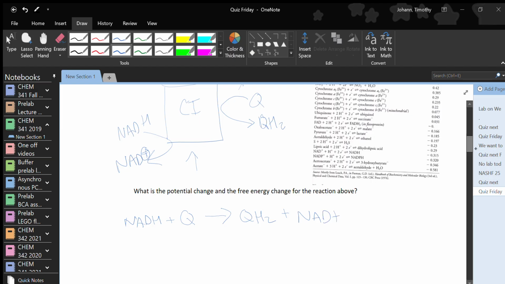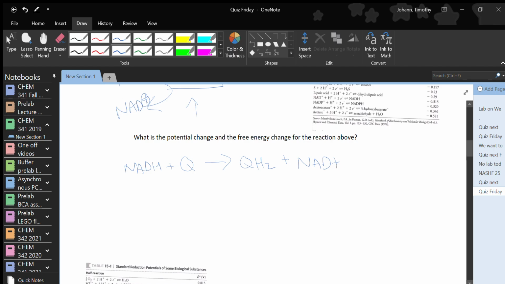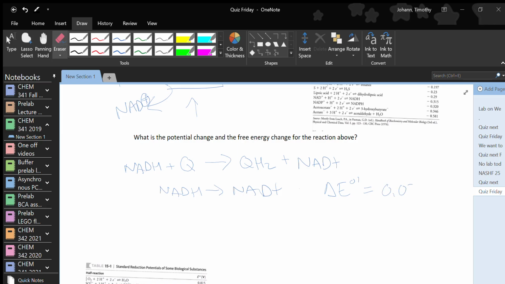And so what we said was that NADH going to NAD plus was a half reaction potential change of positive 0.315.